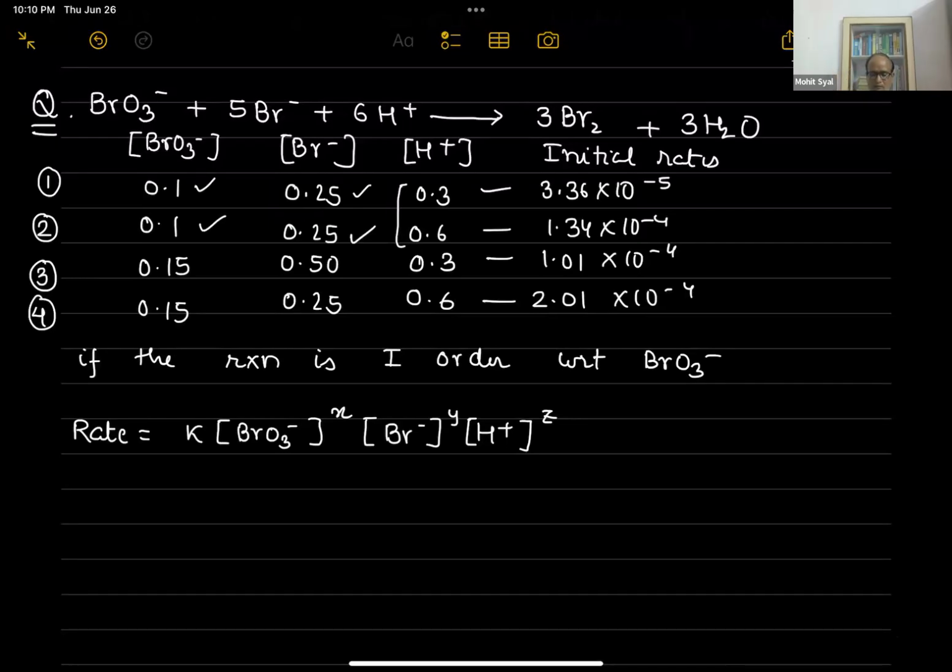Got it? And the initial rate, 13.4 into 10 to the power minus 5.